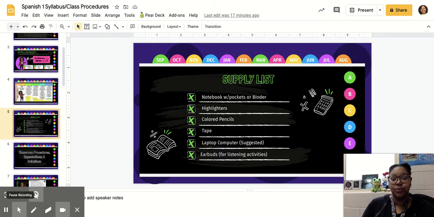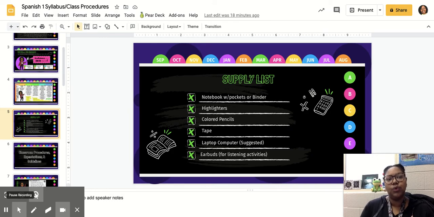A laptop computer is suggested for everyone in class because of where things are right now. I take up very little things in class because of COVID and the guidelines and procedures that we have to follow because of that. So that means that most of your daily work, I would say 99% of the work that you turn in in class, must be turned in online.